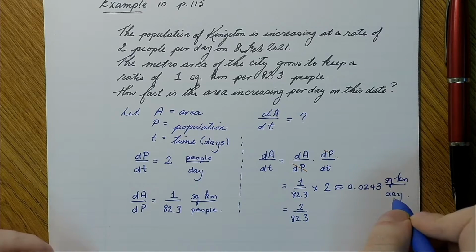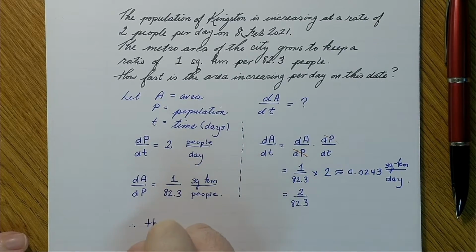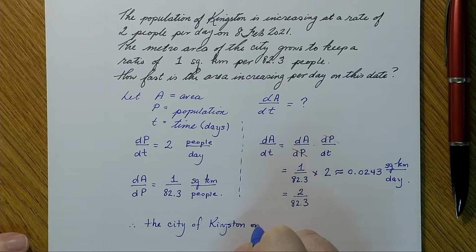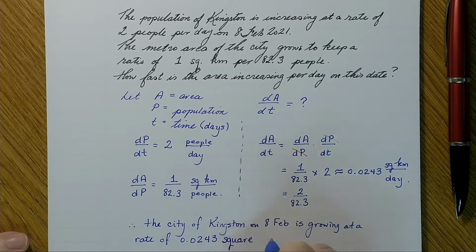So that would be how quickly the city is growing. Therefore, the city of Kingston on the 8th of February is growing at a rate of 0.0243 square kilometers per day.